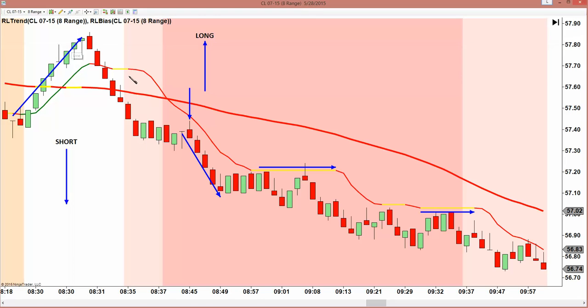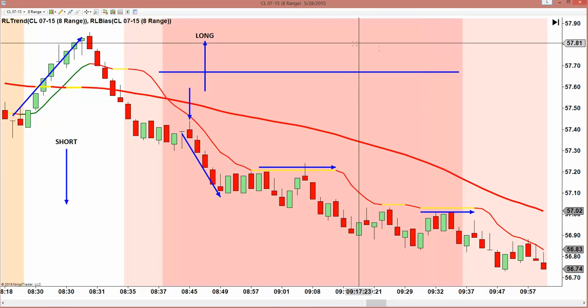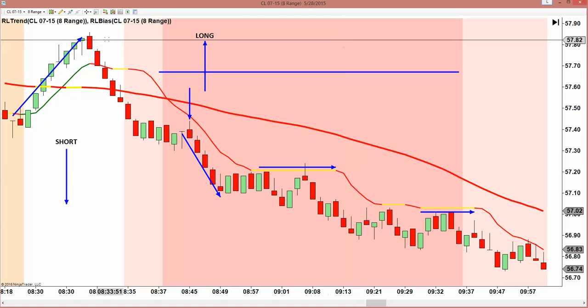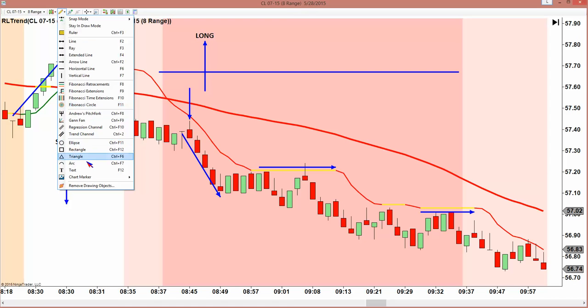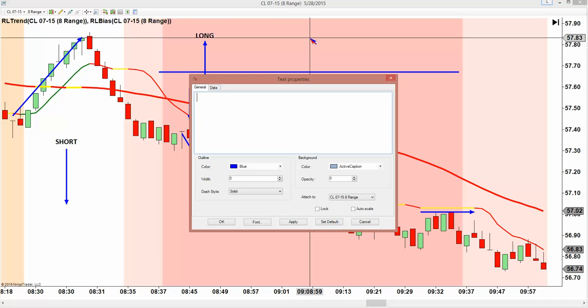But when you have this color, dark pink, it means that you have this happening on 2 higher time frames. To the downside, all support is broken.